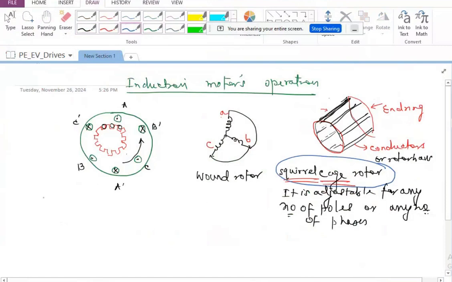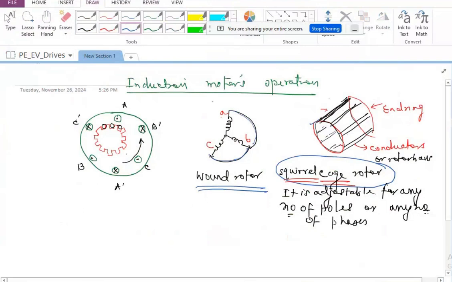And it is also maintenance free, because you are not going to have to externally short circuit the three-phase conductors as in a wound rotor, whereas here it is internally short-circuited, so you don't have any kind of moving parts within the rotor structure itself. The rotor as a whole might move, but you will not see any moving parts within the rotor.